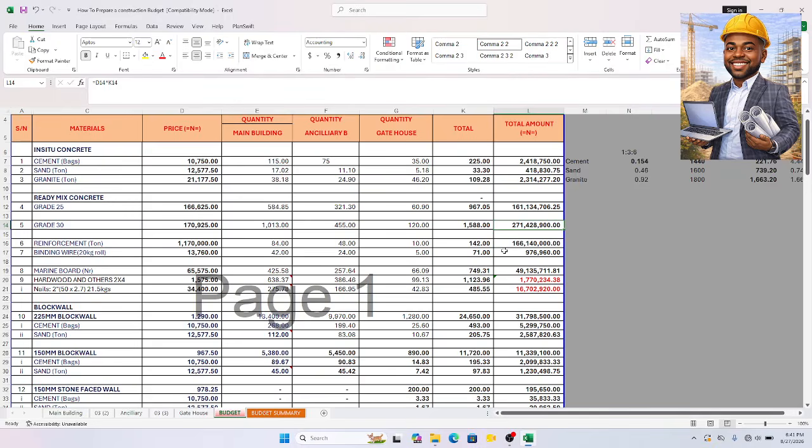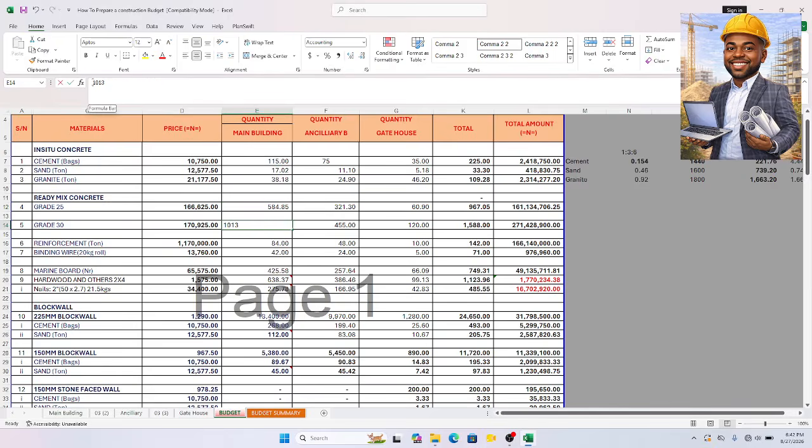The same thing goes for your reinforcement. If you see here, let me add waste. Now, some of these things, when you're preparing the rate, on the rate you already have waste, but this is as per what you want to execute on site. So let us do it like this.